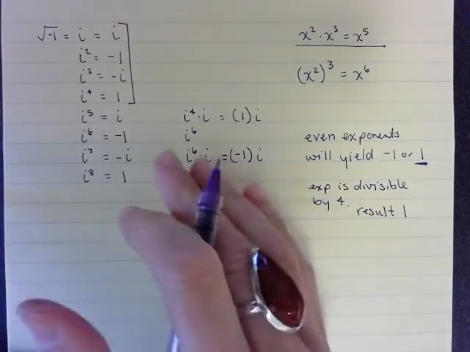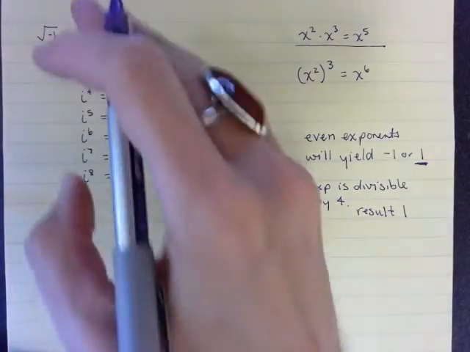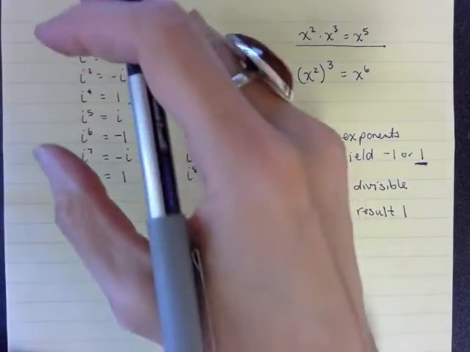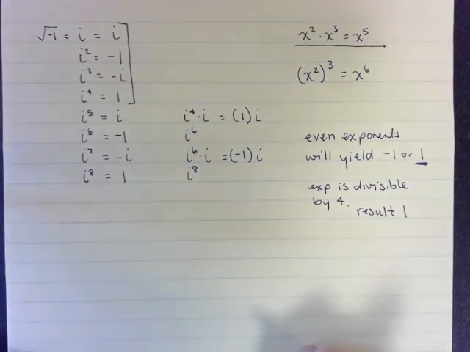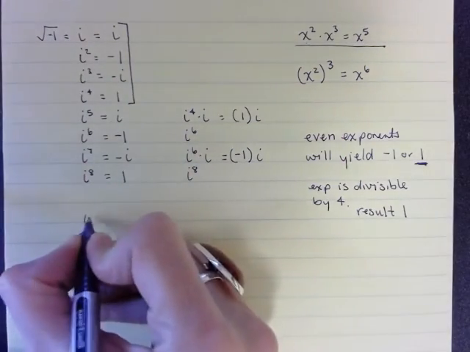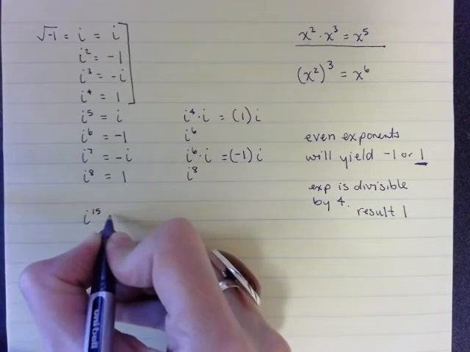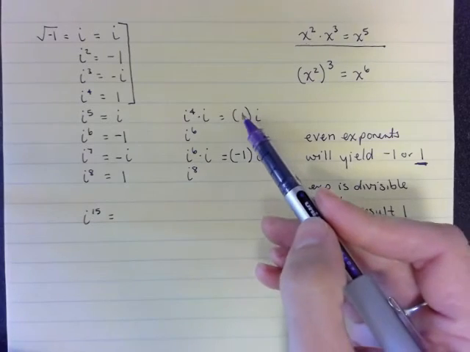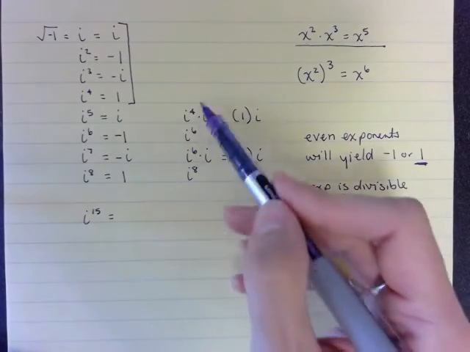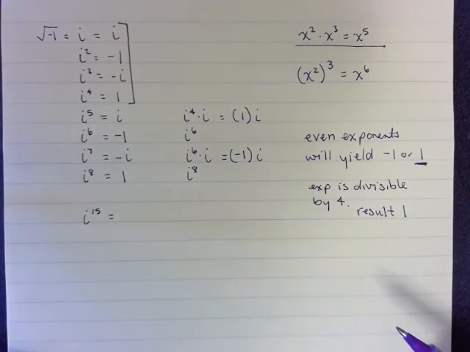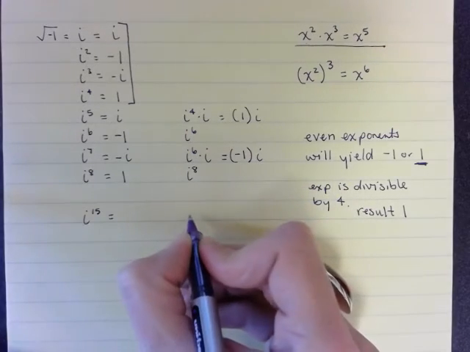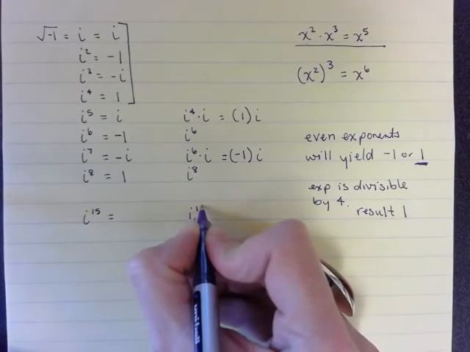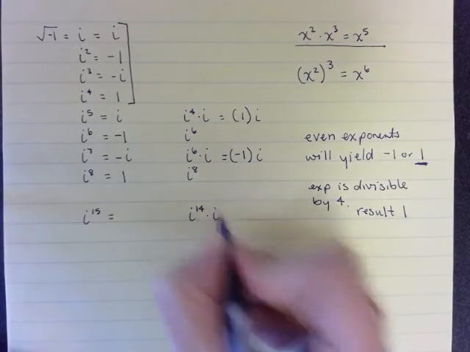Now, this is just for your brain and to investigate and to see patterns and to use patterns. What if I asked you to find i to the 15th? How could I break i to the 15th up such that I'm either going to have a 1 or a negative 1 as part of my product? So I'm going to have i to the 14th times i.